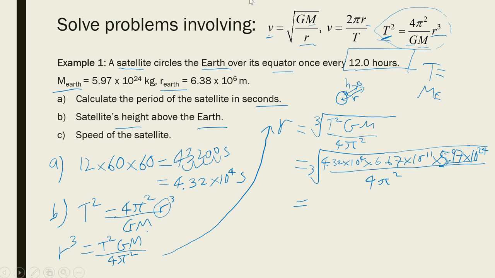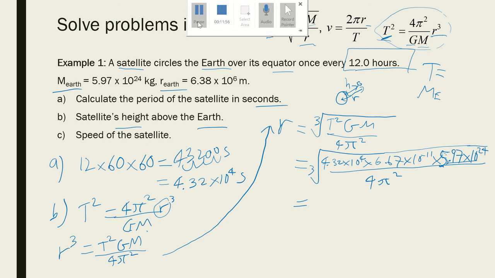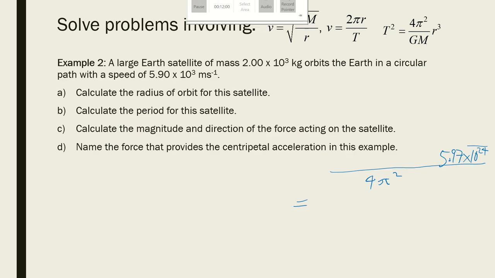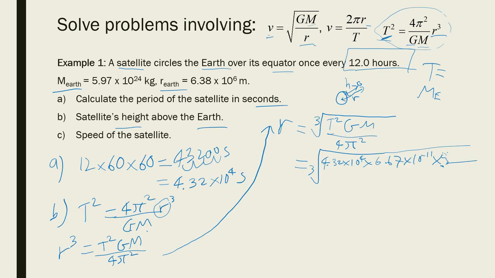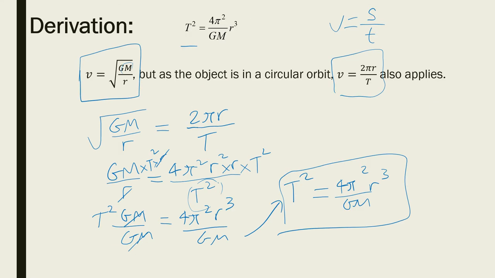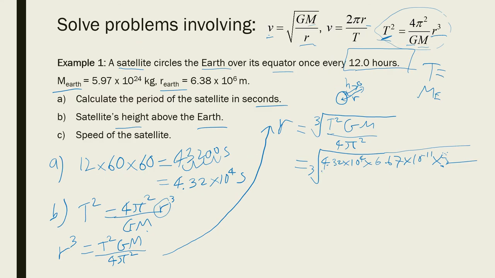Let me pause and redo it. Of course, what I forgot to do is square the period, because it's period squared. So the mass of the Earth is 5.97 times 10 to the 24.